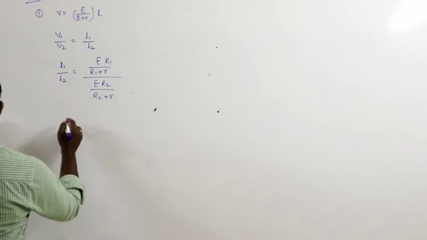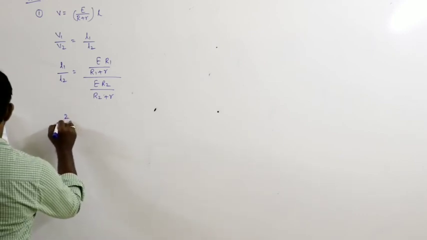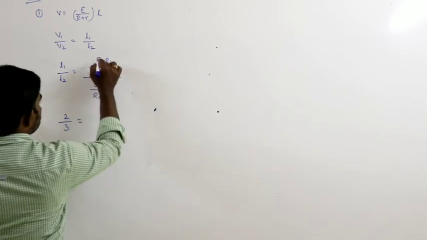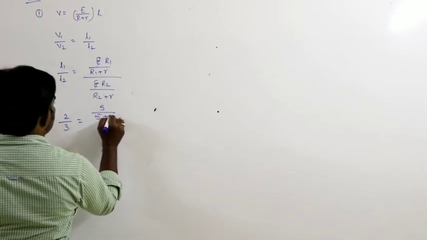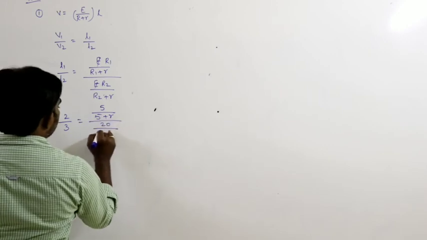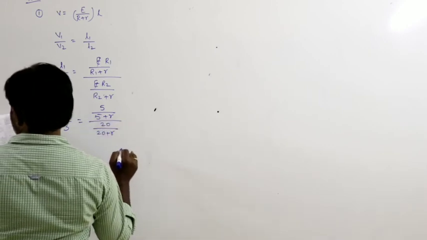L1 is the first case, 2 meters divided by 3 meters, is equal to, E gets cancelled, R1 is 5, so 5 divided by 5 plus r, divided by 20 divided by 20 plus r.